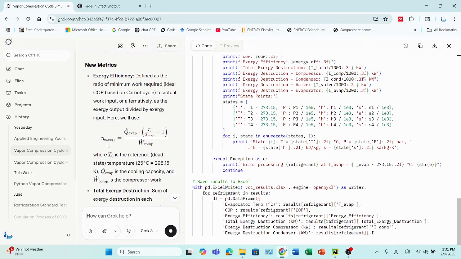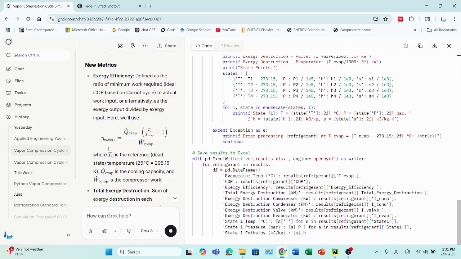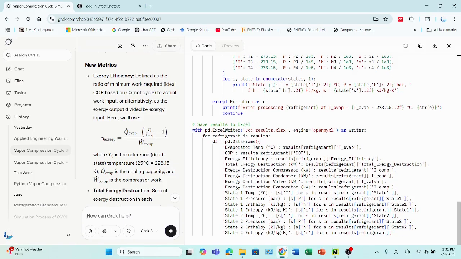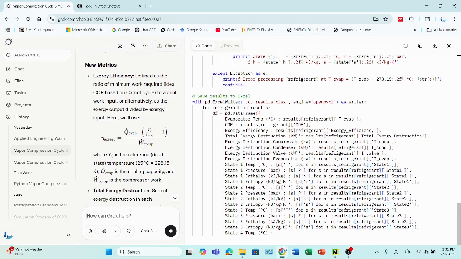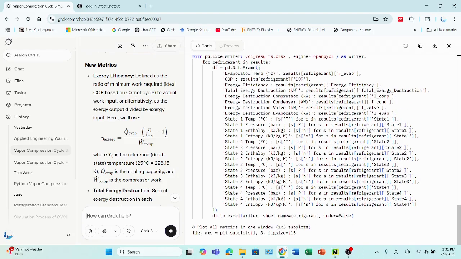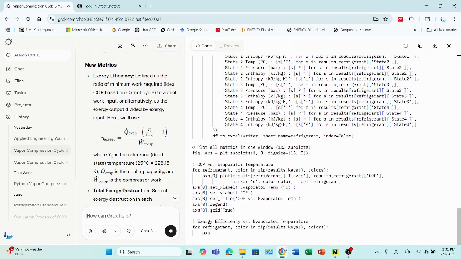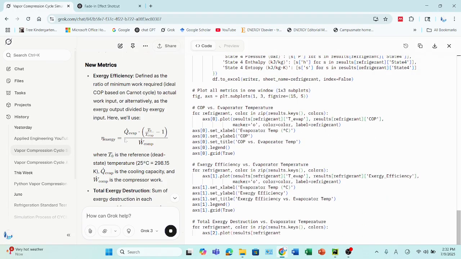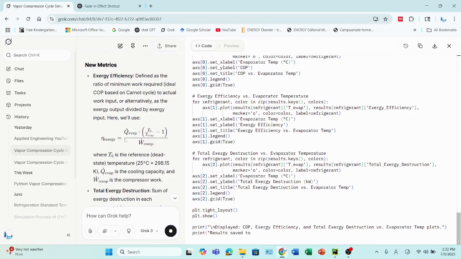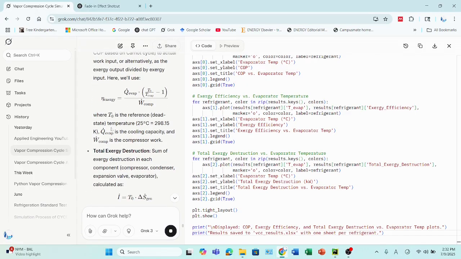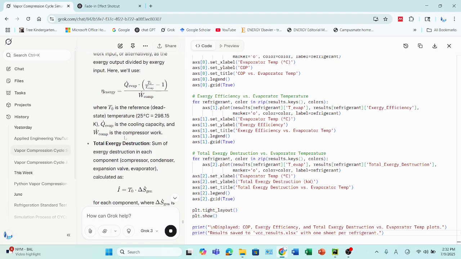Here we can see it has also provided us the formulas. Exergy efficiency is defined as the ratio of the minimum work required to the ideal COP or Carnot cycle. And here is its formula: evaporator duty multiplied by the temperature ratio and divided by the compressor work, and T naught is the reference steady state temperature, which is 25 degrees Celsius.